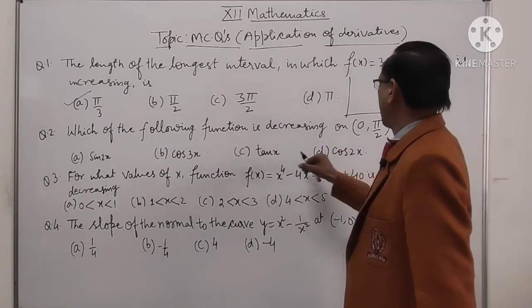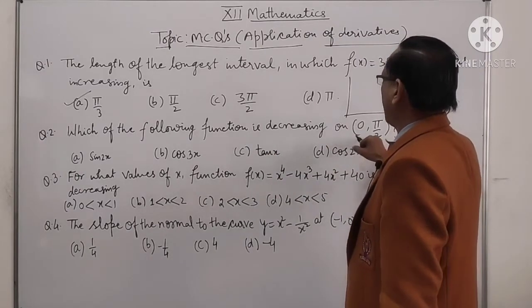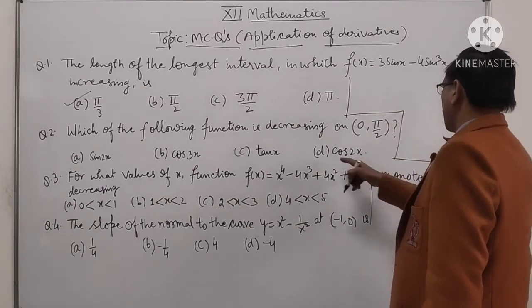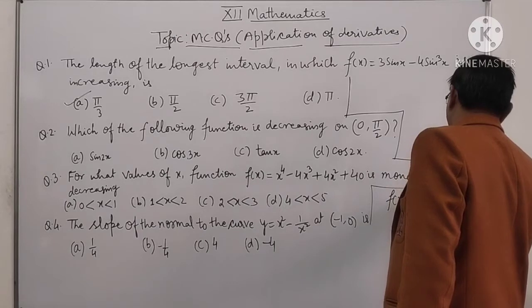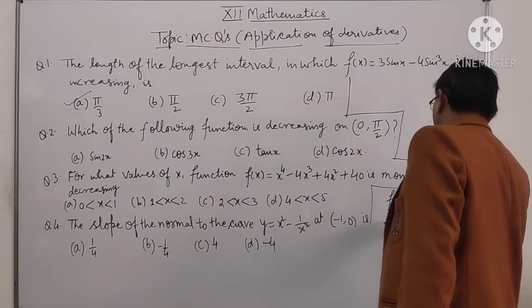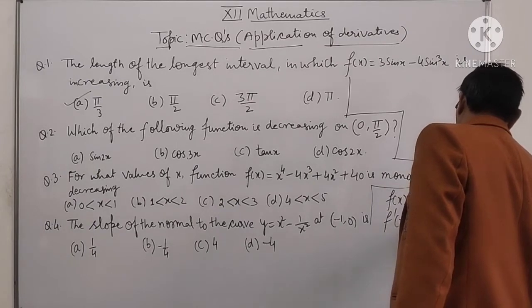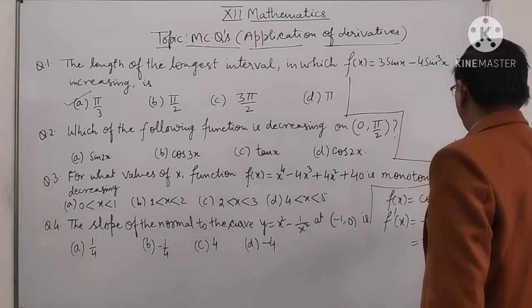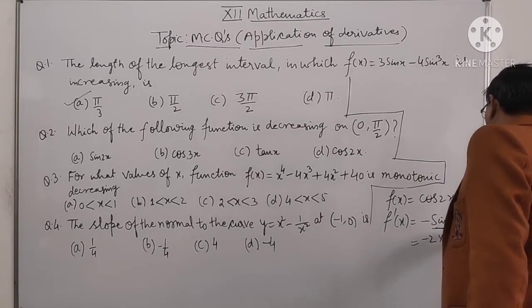It is not decreasing. And tan x is always an increasing function in the interval 0 to pi/2. Now when f(x) is cos 2x, its derivative is -sin 2x into 2. So -2 into sin 2x, and in the interval 0 to pi/2, sin 2x is positive.